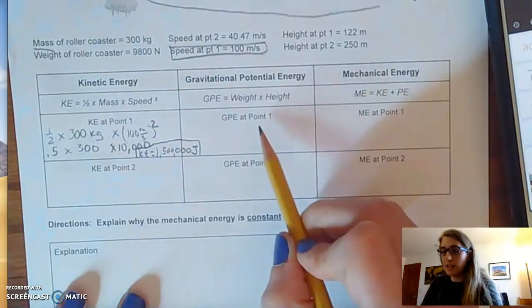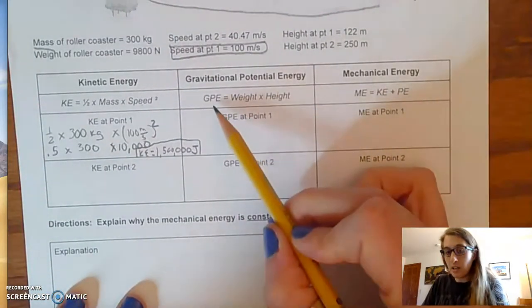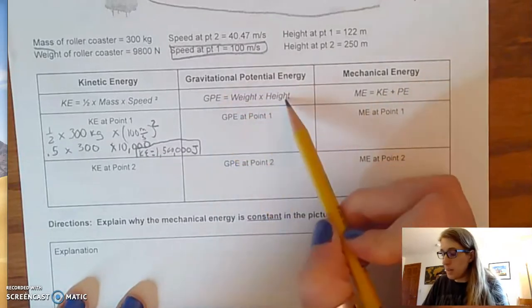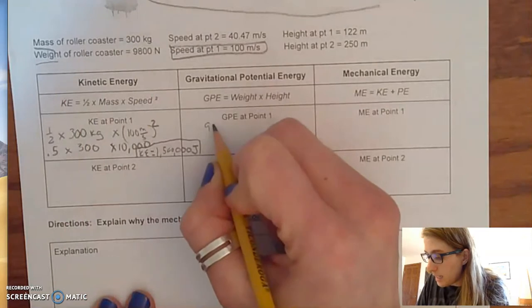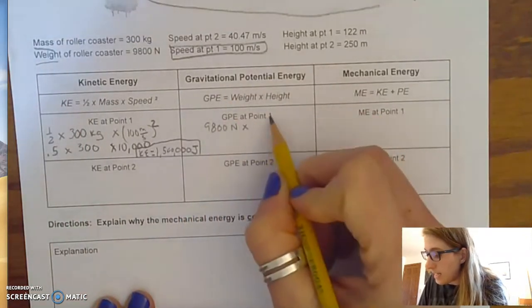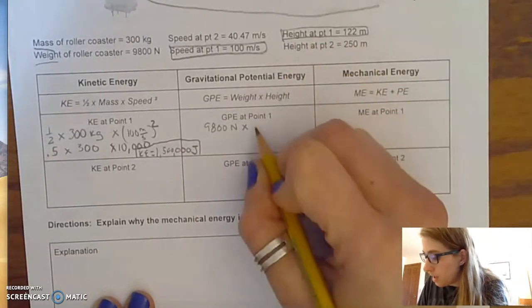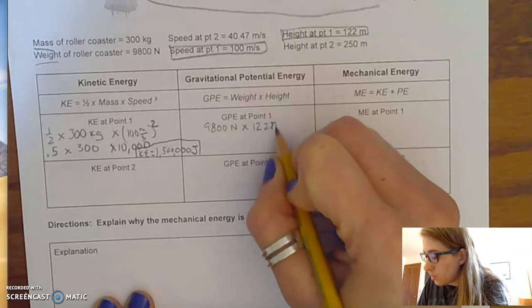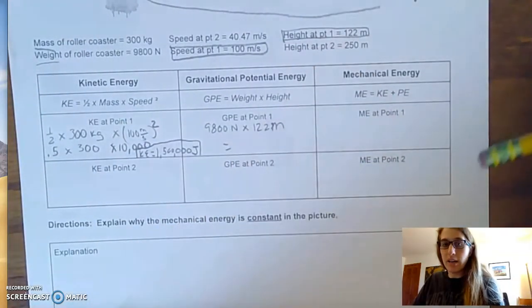Okay, so now I need gravitational potential energy at point 1. I know that gravitational potential energy is weight times height. So I take my weight, which is 9,800 newtons, times my height at point 1, which is up here now, 122 meters. So all I need to do, there's no order of operations on this one.